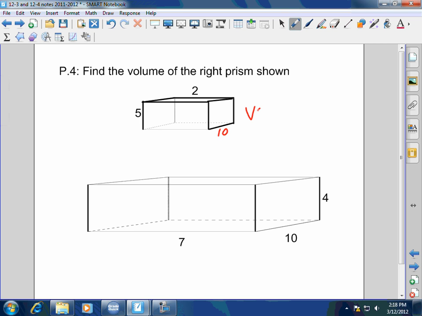So the volume here is base area times height. Well, base area, 50 or 20 times 5, either way, 100 units cubed. Then what's the volume of this guy? 70 times 4 or 40 times 7, 280 units squared.